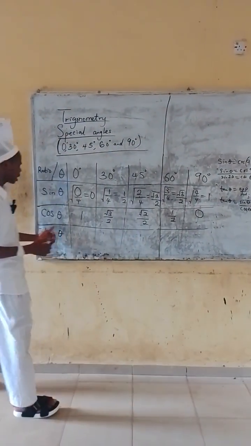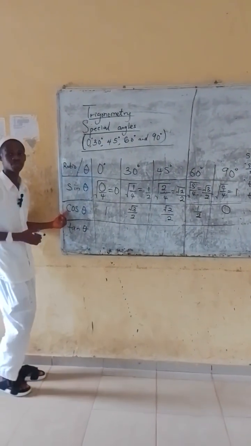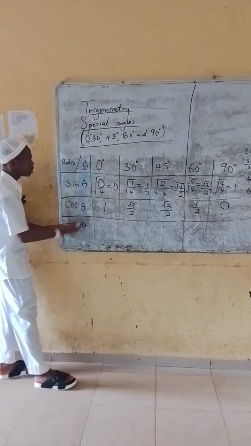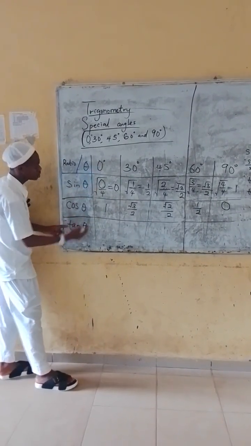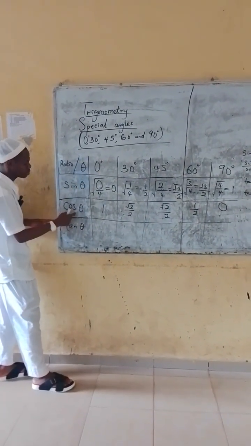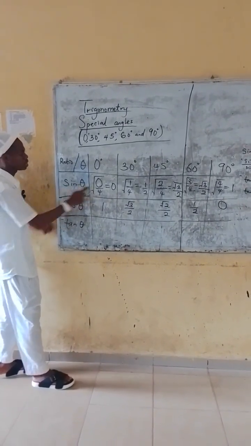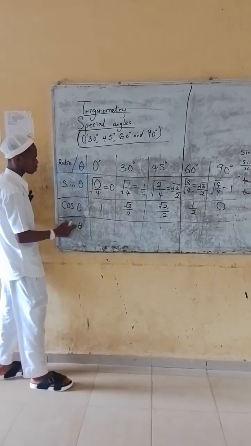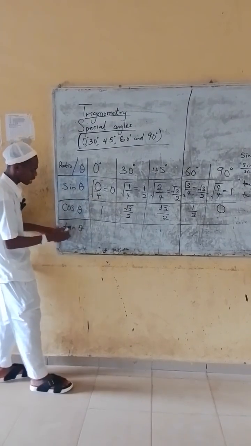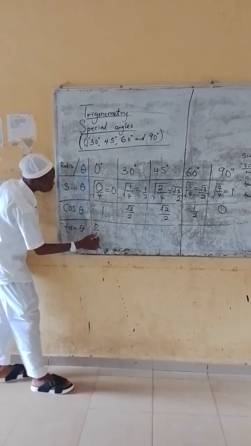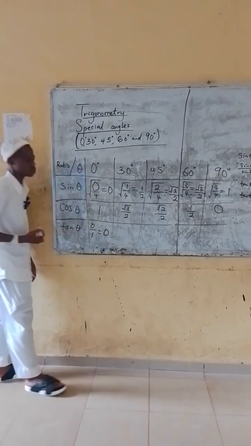Putting that in will make me have something meaningful. Sine 0 is 0, cos 0 is 1. That means tan 0 is 0 divided by 1, which is 0.